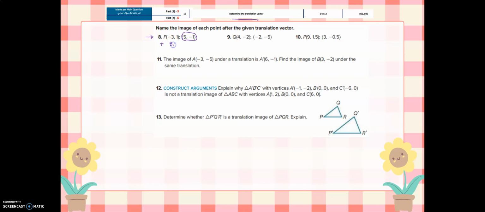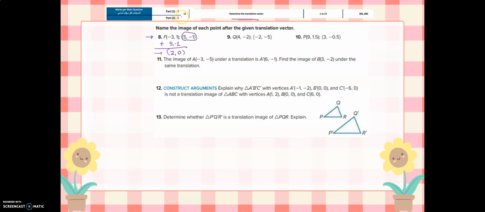5 and -1. So the image after this translation vector will be at, so -3 plus 5 will be 2, and 1 plus -1 will be 0. Okay, so the translation of this point -3 and 1 will be at 2 and 0.